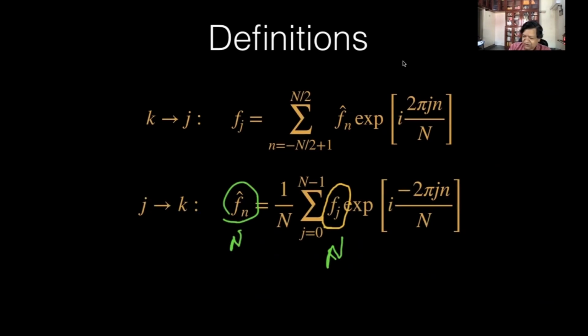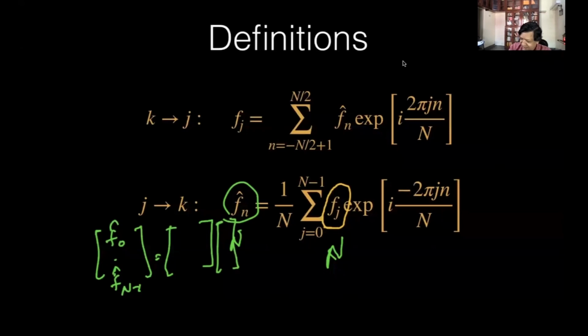And you can write this as a matrix. So f hat at 0 through f hat at n minus 1 equals this matrix, which will be a combination of exponentials, and the right hand side will be f0, f1, through fn minus 1. Okay, so we get all this.